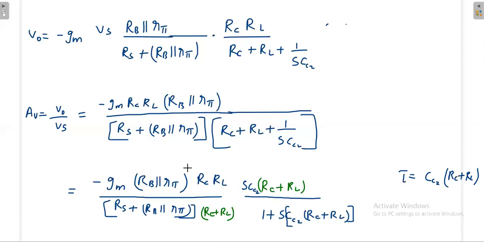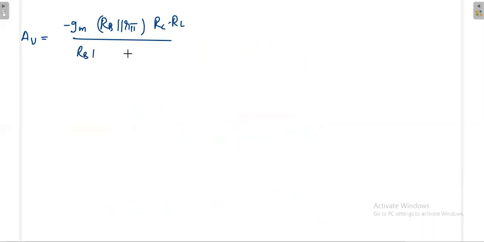The Av is finally some gain terms, that is minus gm RB parallel R pi, RC into RL, divided by RB parallel R pi plus R signal, and then RC plus RL.